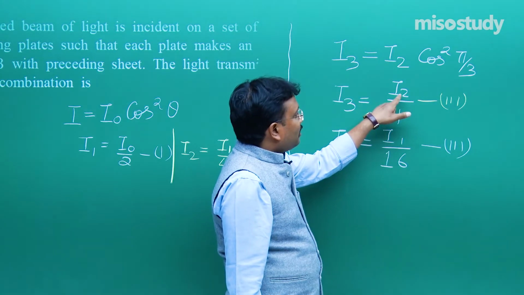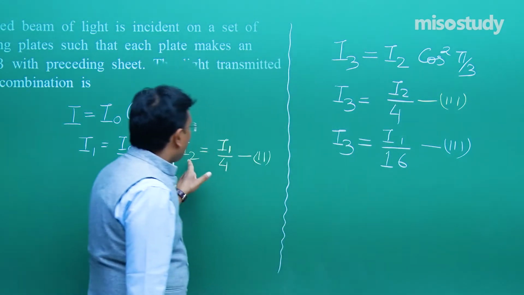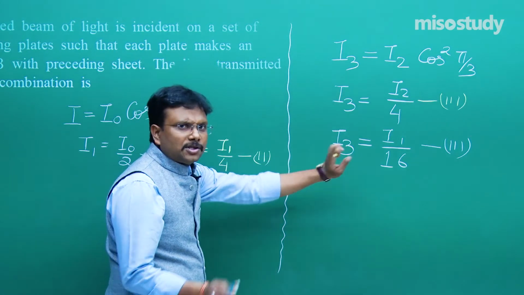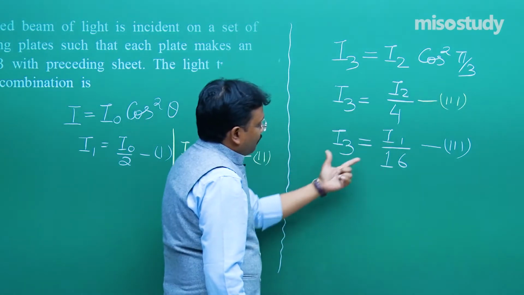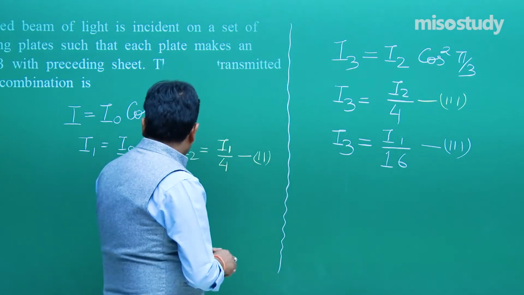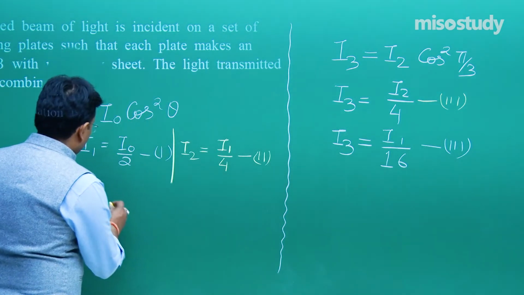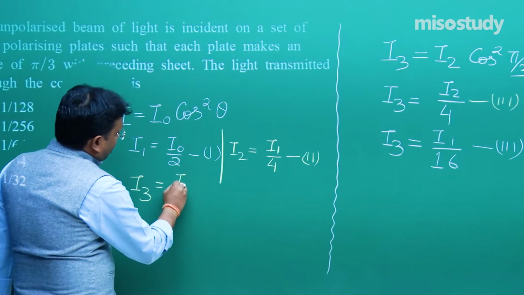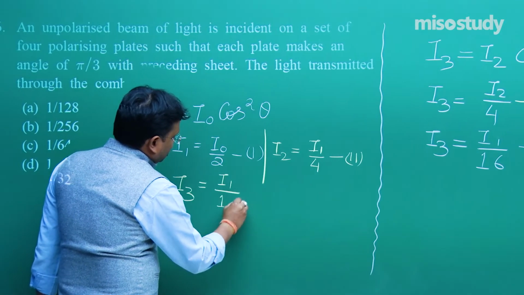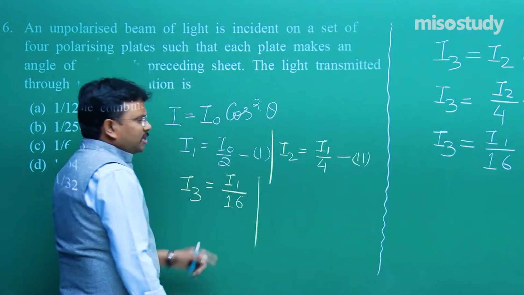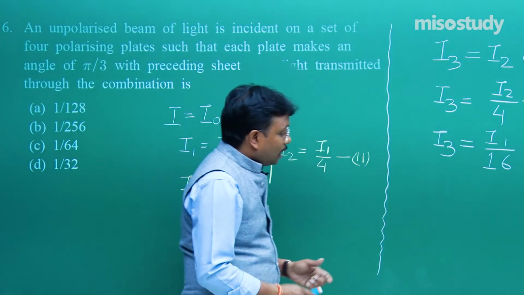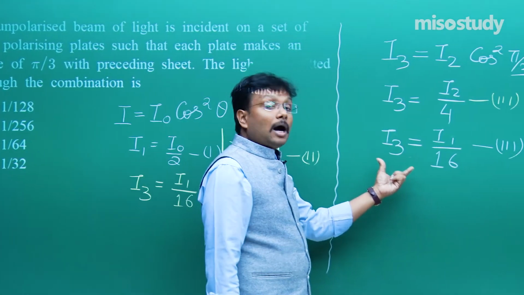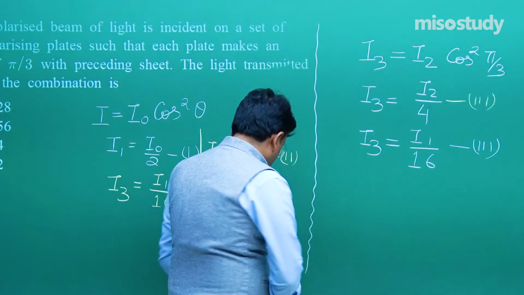I simply replaced the value of I2 from here in this equation. Simple replacement of the values. So now I can mention one more thing over here, that is I3 is equal to I1 by 16, equation number 3. Fine.